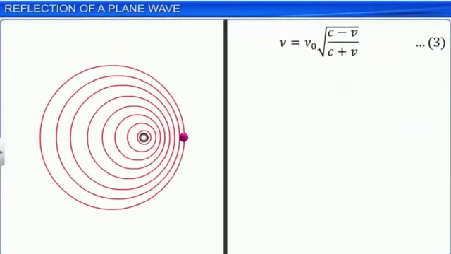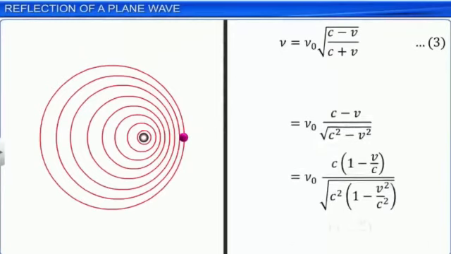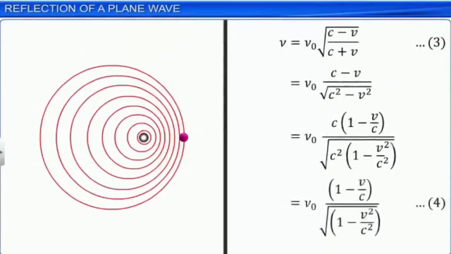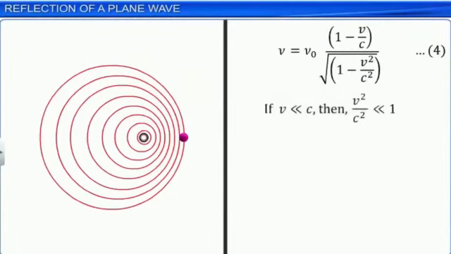Equation 3 can be mathematically manipulated as shown to obtain equation 4. If v is very much less than c, then v square by c square is very much less than 1, so we neglect that term. Then nu is equal to nu naught into (1 minus v by c).